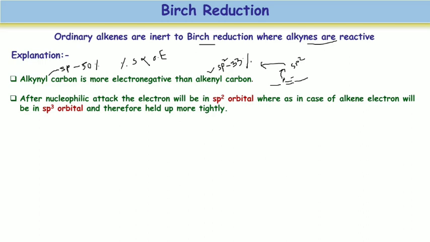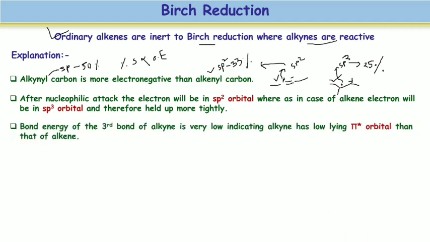But in case of alkene, the unpaired electron will be in sp3 orbital, where we have 25% s character. So the unpaired electron residing on an sp2 hybridized orbital will be more tightly bound compared to the unpaired electron present in an sp3 hybridized orbital. So that is also favoring this statement.